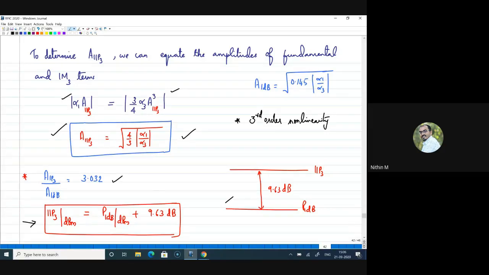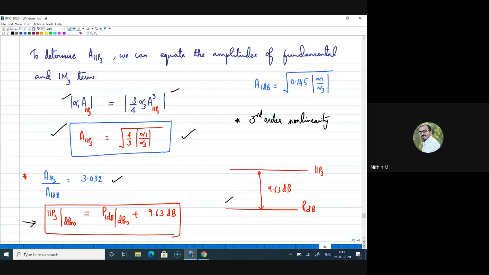For a third order system, we can say that the formula will hold really well, because even when we analyzed the nonlinearity, we limited ourselves to third order nonlinearity, and so we did not consider any other terms coming at the same frequencies. I hope you're getting that point. So we limited our analysis up to third order.